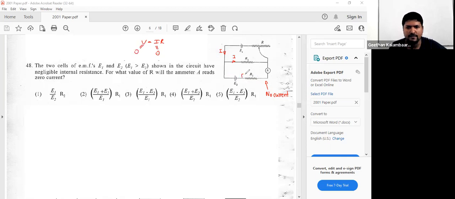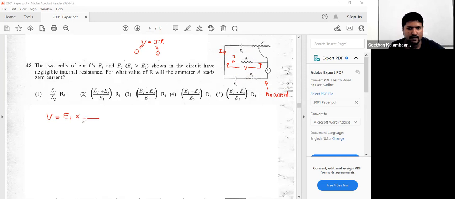So there is no potential difference between these 2 points, right? So all we can say is the potential difference here is going to be equal to the potential difference here. So the potential difference here, we can call it V, and we can find V using the potential divider for this circuit. The potential divider E1 is the EMF or the voltage given.